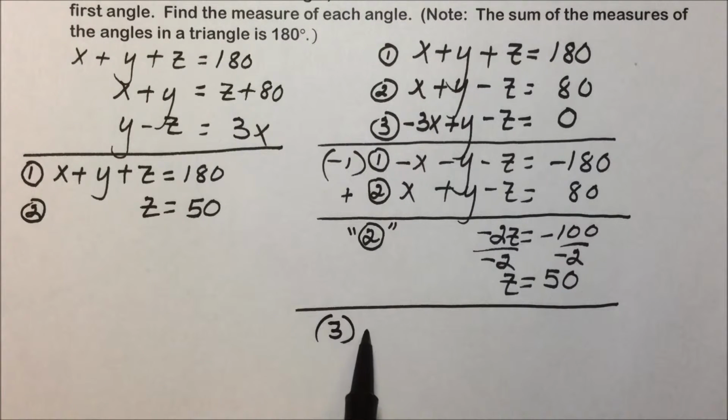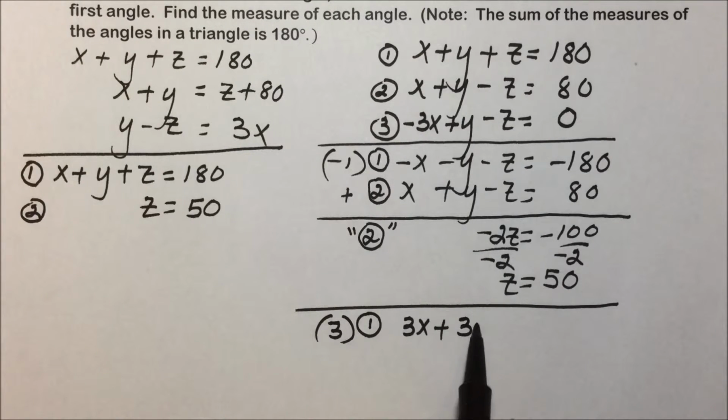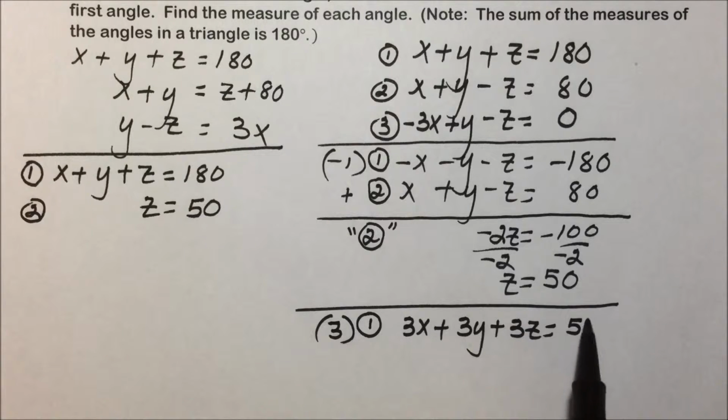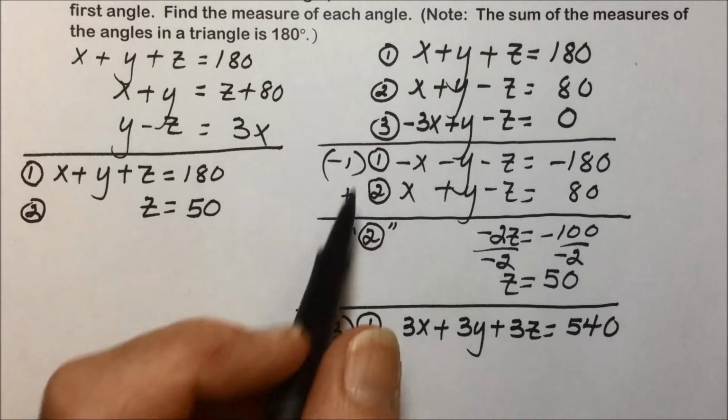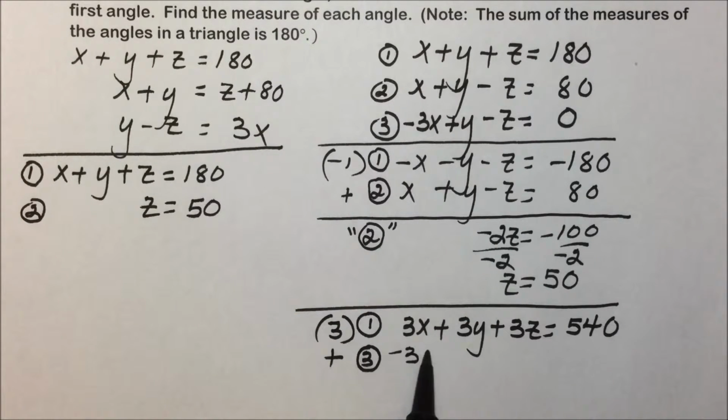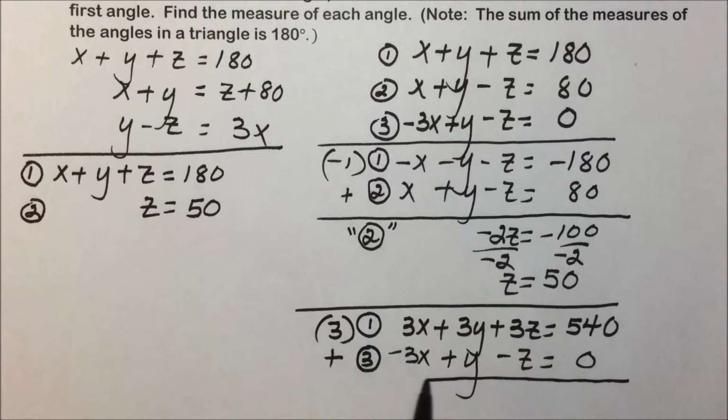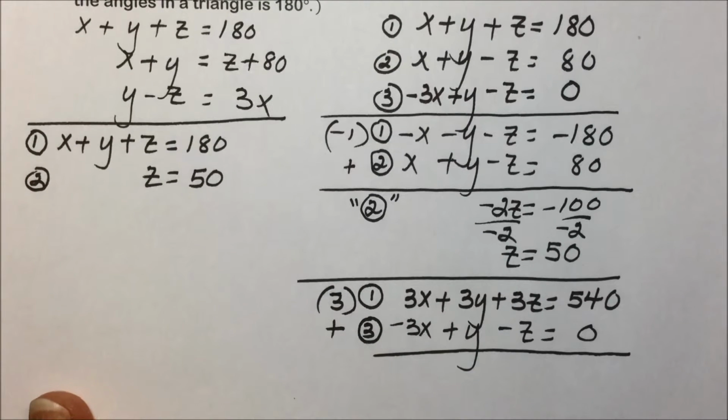Multiplying the first equation by 3 will give us 3x plus 3y plus 3z, and 3 times 180 is 540. I'm going to add it to the third equation, without doing any modification. The x's are gone as hoped. We have 4y plus 2z is equal to 540.